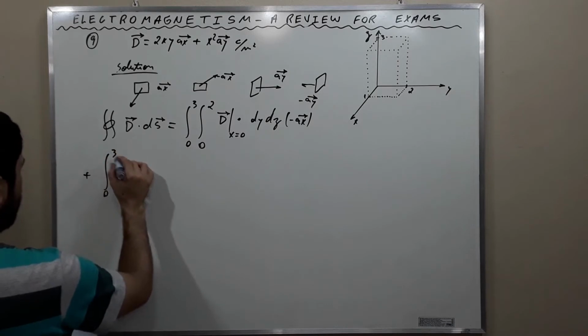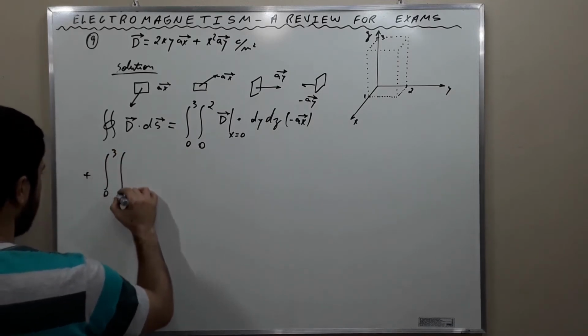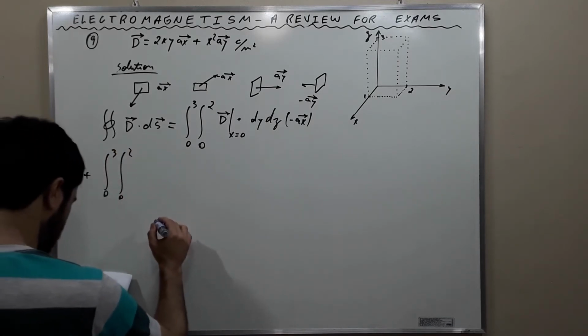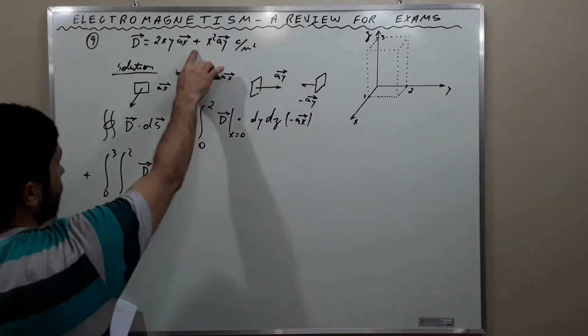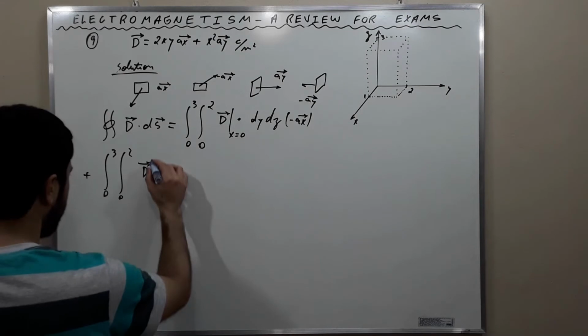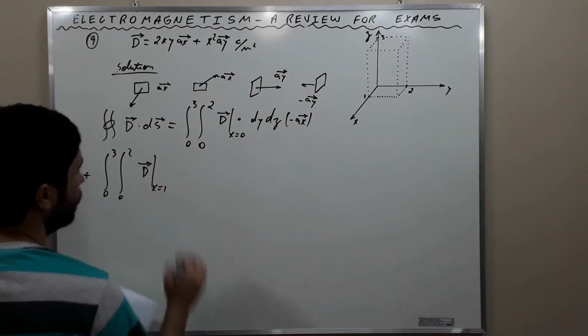the integral from 0 to 3, the integral from 0 to 2 of the flux density for x equal to 1.